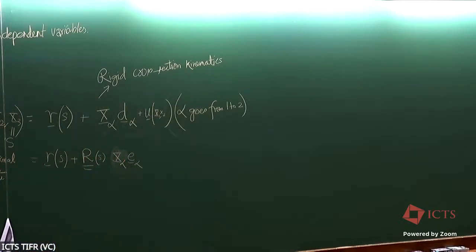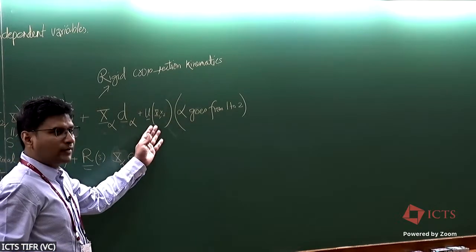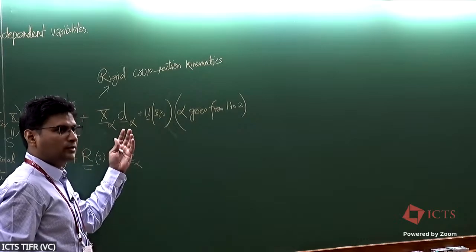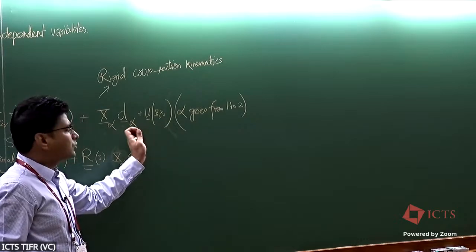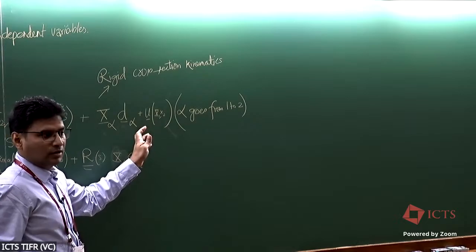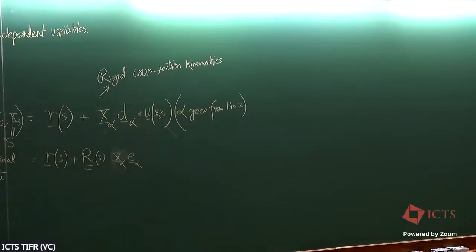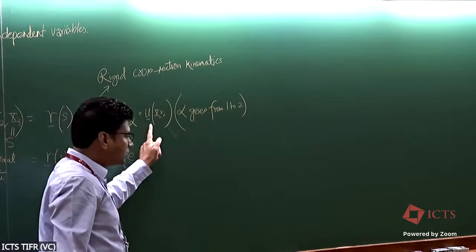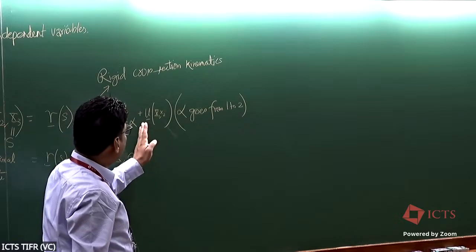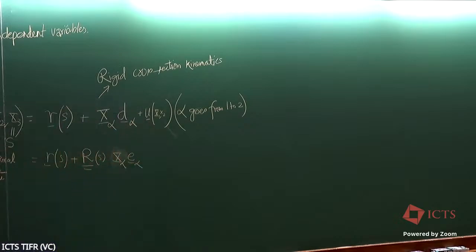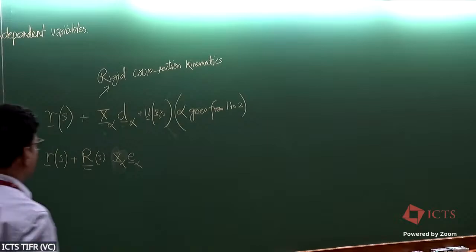But that warping is a slave to the local deformation, so it is not an independent variable. Therefore, it is not showing up in the kinematics over here. Please do not think that this special Cosserat kinematics means that the cross-section has to be rigid. That is not the case.